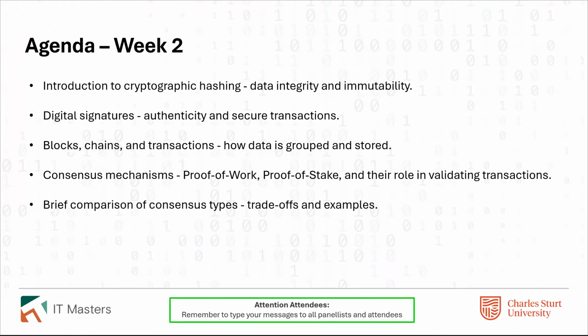So week two, we looked into cryptography hashing, and how we can prove something exists without showing that information. We looked at consensus mechanisms, proof of work, proof of stake, and their roles in validating. And then we looked at the consensus types as well, and some trade-offs.